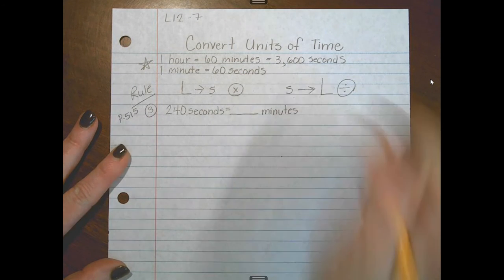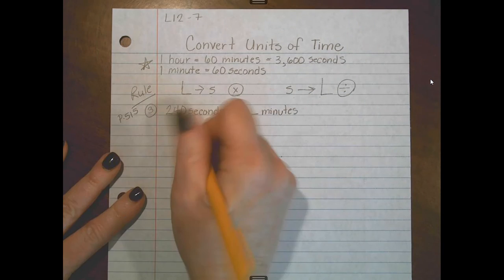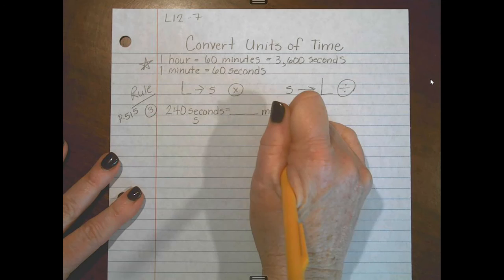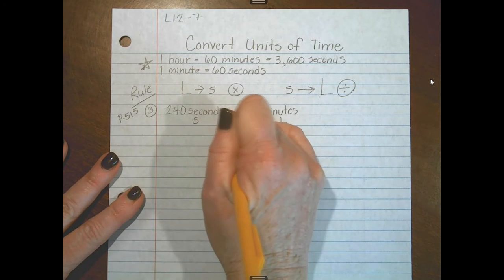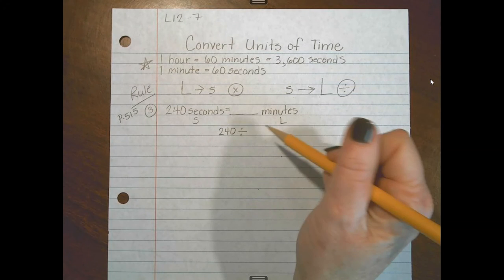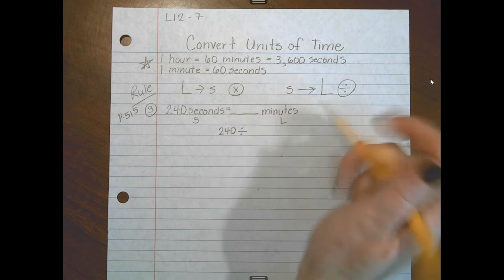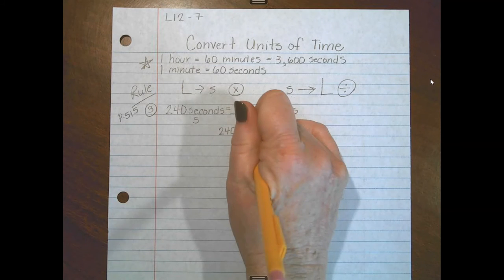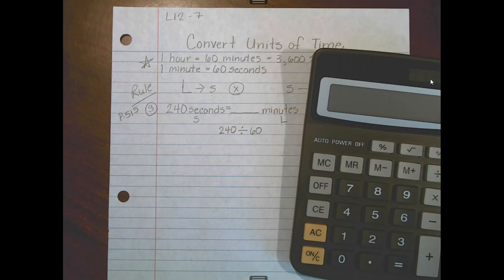Okay, so let's think. Seconds are a smaller unit of time than minutes, so we're going from smaller to larger. That means we're going to be using division. So we need to think how many seconds are there in a minute? And there are 60. I am fine with you using your calculators today to make things quick.